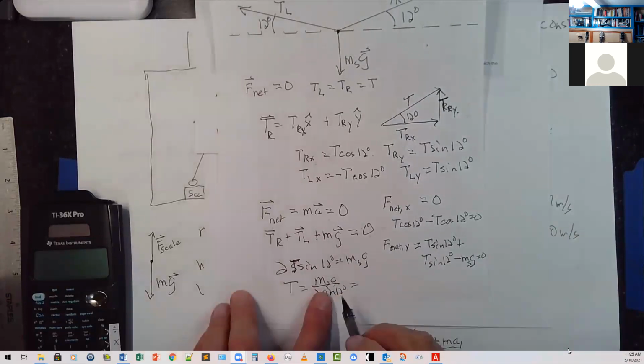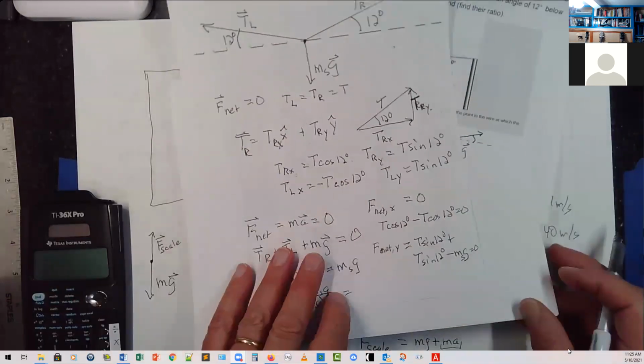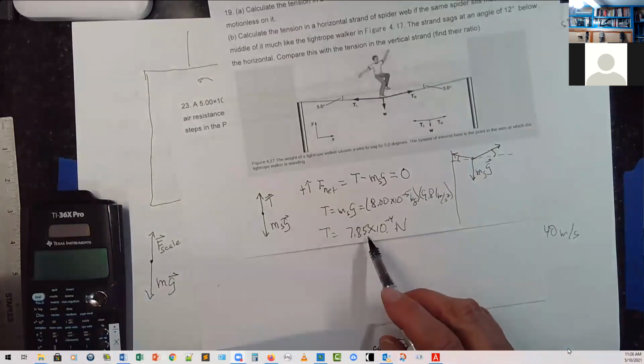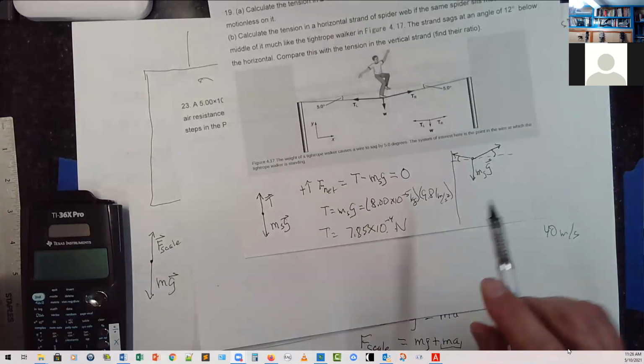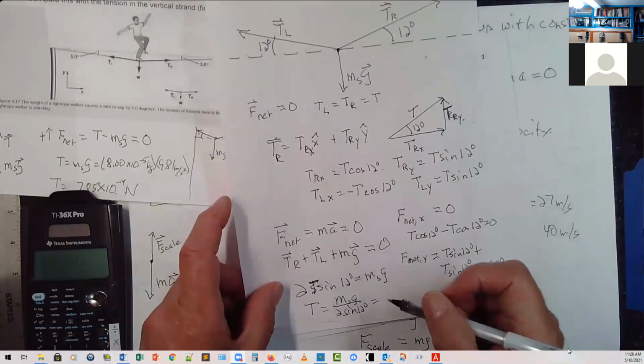I already calculated the weight of the spider back here a ways. There it is. mg was 7.85 times 10 to the minus 4 newtons.